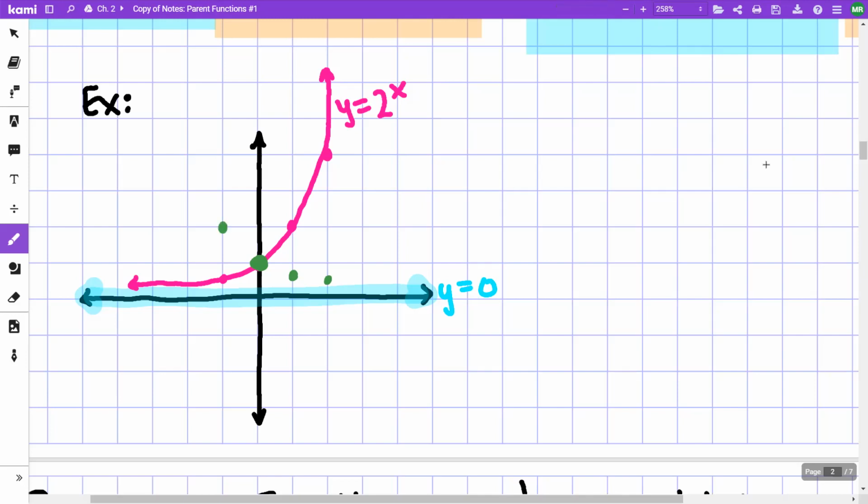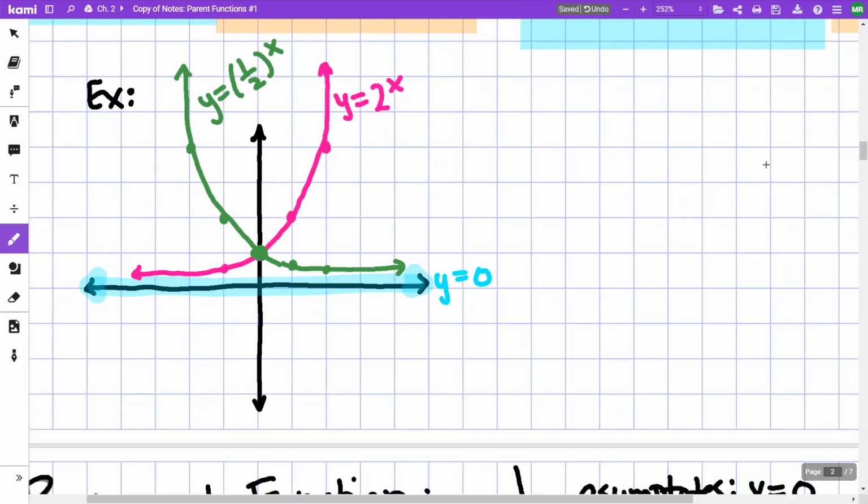So this is going to be 2 because half of 2 was 1. 2 is half of 4. 4 is half of 8, and so on. So this is what a 1/2 to the power x looks like. And it is a mirror image across the y-axis, sorry, of 2 to the power x.